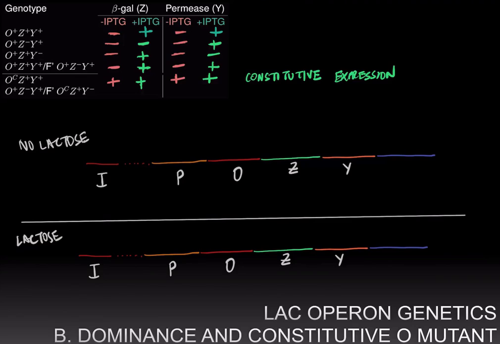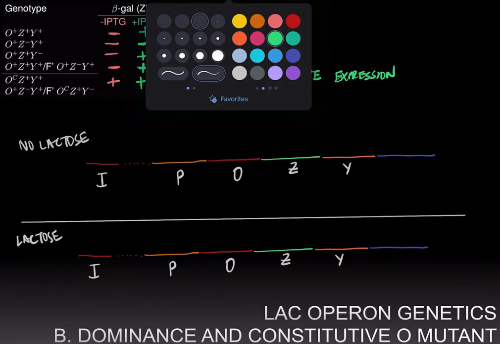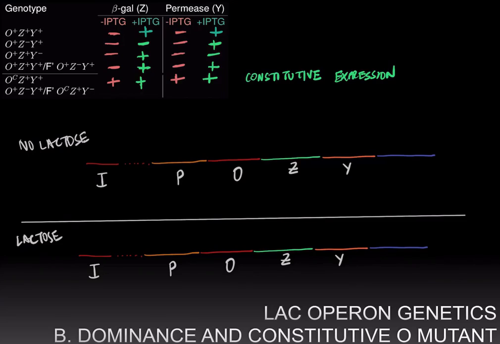And let us see how this might work mechanistically based on our understanding of the Lac Operon. So we have I plus, OC, Z plus, and Y plus.